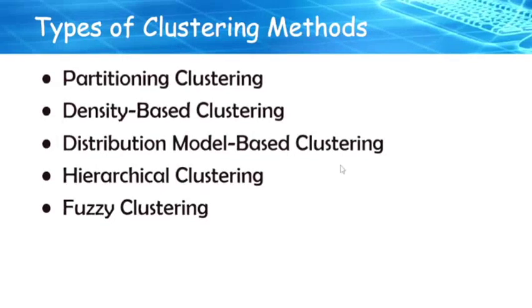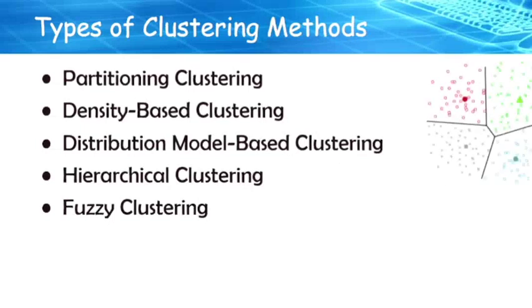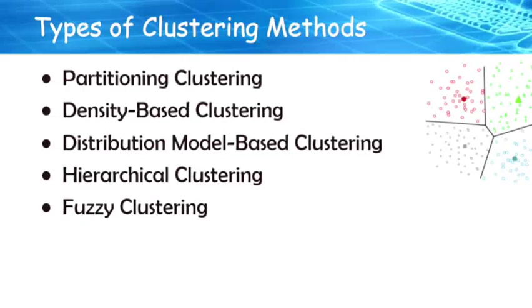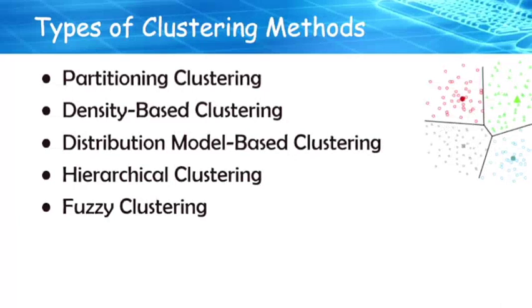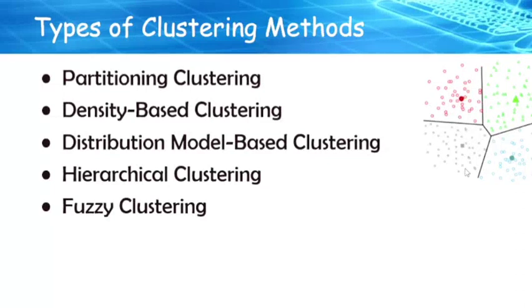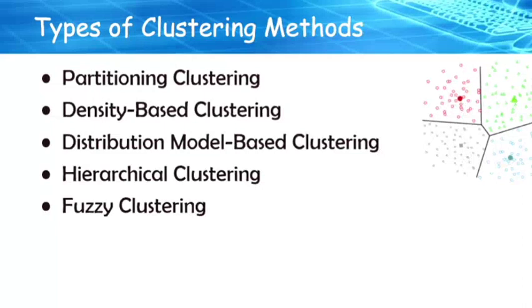Maybe this particular figure will give a lot of insight. Here this is a partition clustering. You can see we have created partitions with respect to clusters. Here we have the centroid based method, and these are the centroids I was speaking about before.